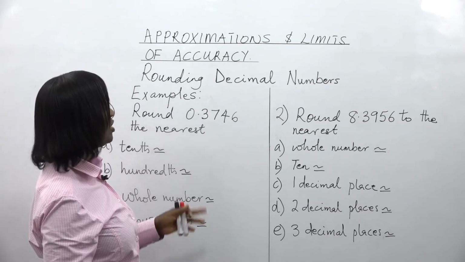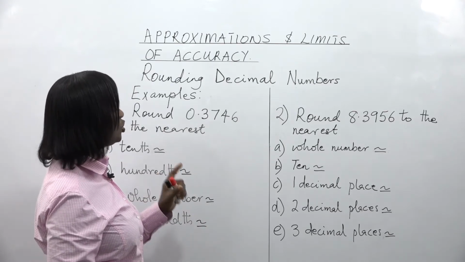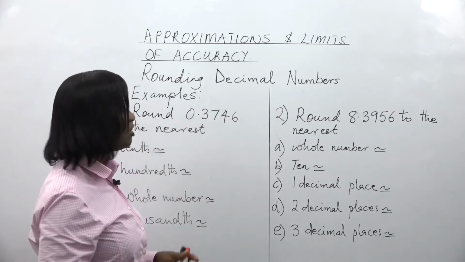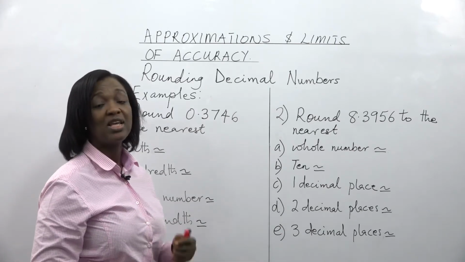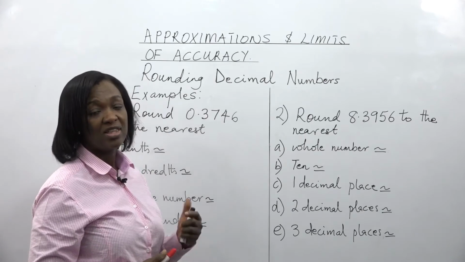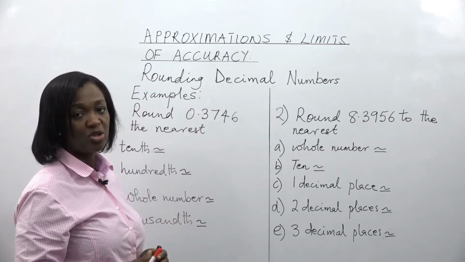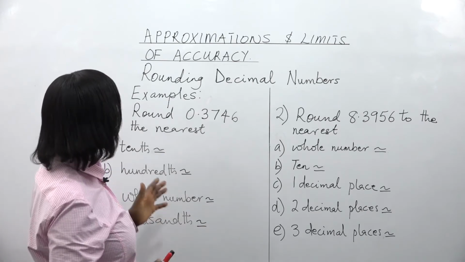So that's rounding numbers to 1 decimal place. 2 decimal places is the same as rounding to the nearest hundredth. Rounding to 3 decimal places is the same as rounding to the nearest thousandth. It's good for us to understand that vocabulary so we can apply it. Example 1.